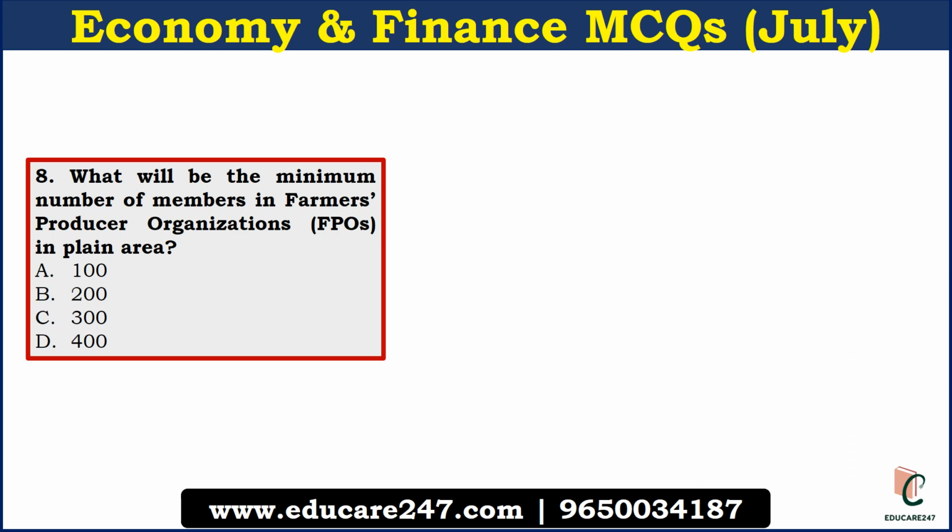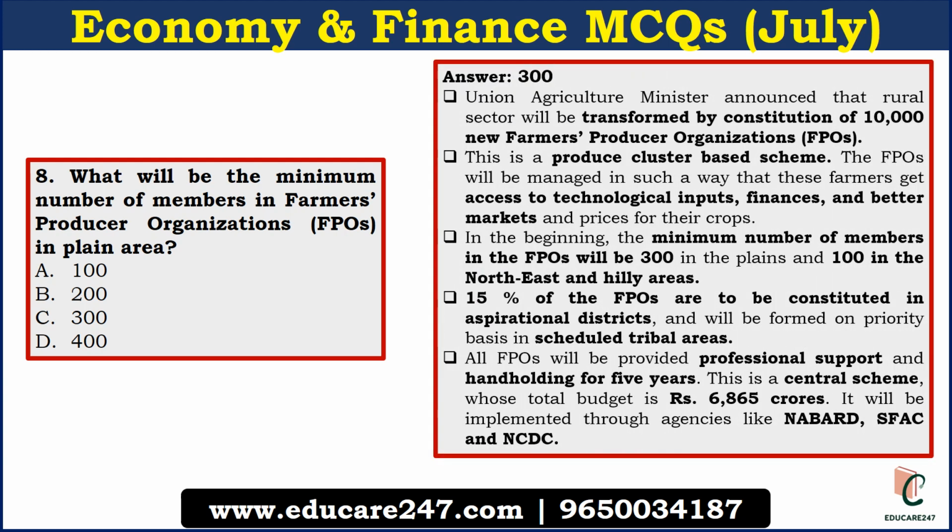The next question is, what will be the minimum number of members in farmers producer organization in plain area? The answer is 300. Recently, Agriculture Minister announced that rural sector will be transformed by the constitution of 10,000 new farmers producer organization, and these organization will be based on cluster scheme.